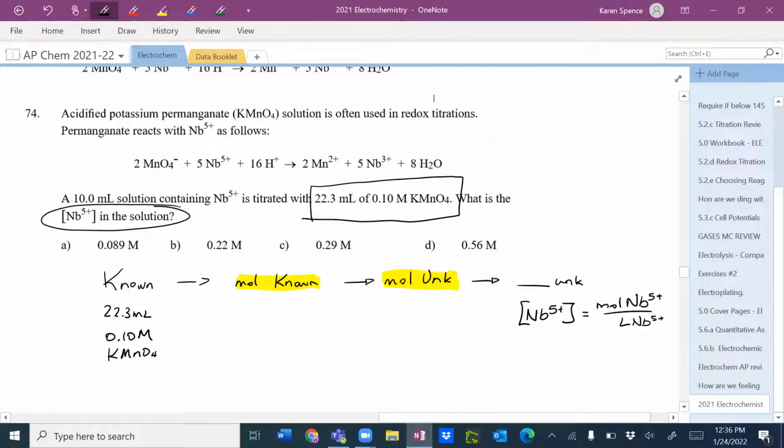And so we're finding moles of KMnO4 and then converting it into moles of Nb5+. And we also know a little something about the Nb5+. We know that it is contained in a volume of 10 milliliters. So we know that we have 10 milliliters here.